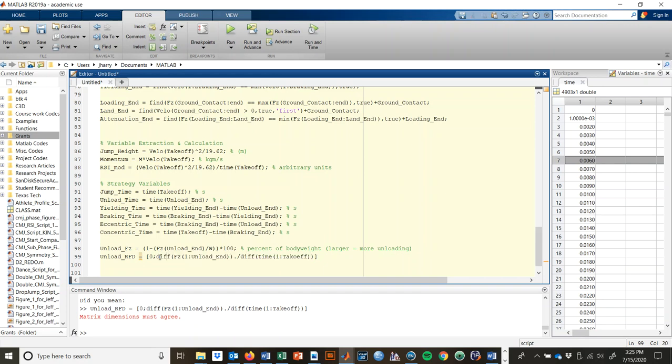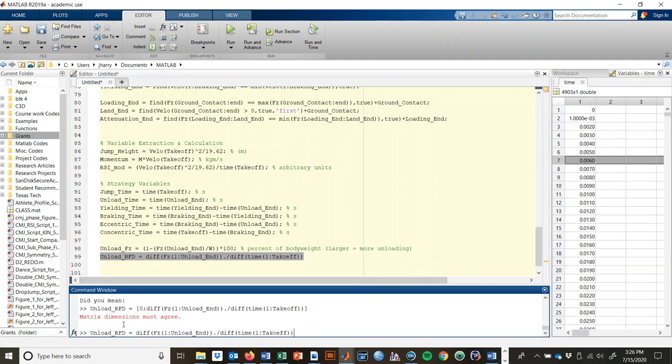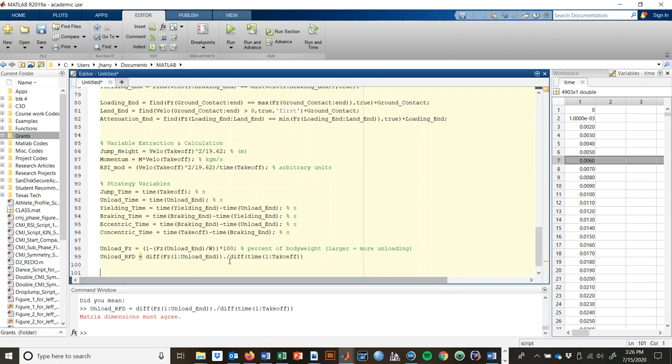So what you could do instead is actually get rid of that and do this. Oops, of course I typed it wrong. Now why? Oh, this is why. I'm a goof. Notice I used the time of the unload, and then I did time of takeoff. That's why my dimensions don't agree, because they're different lengths. Of course, we want the unload RFD.